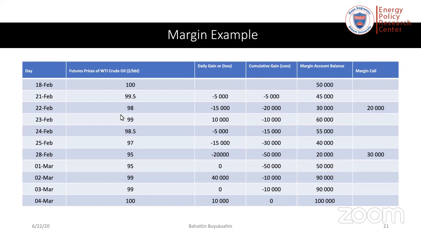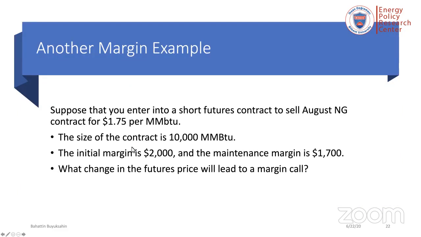So let's look at another example quickly. Suppose that you enter into a short futures contract to sell an August natural gas contract for 1.75 per MMBTU. The size of the contract is 10,000 MMBTU. The initial margin is 2,000 and the maintenance margin is 1,700. What change in futures price will lead to a margin call here?